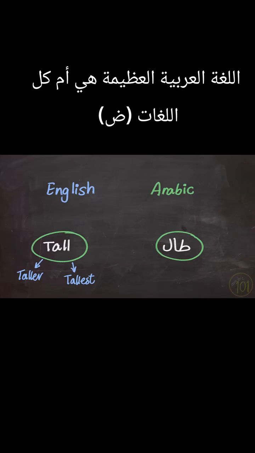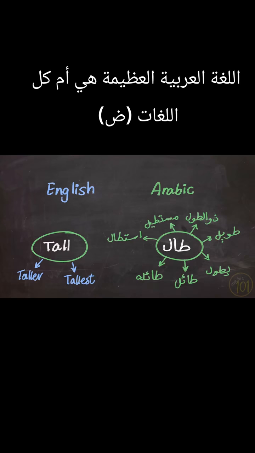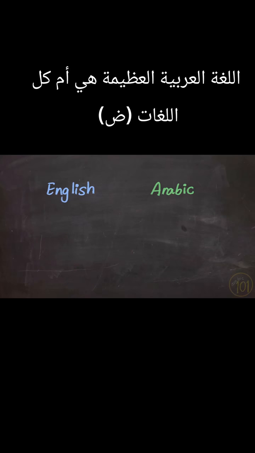But in Arabic, tala can be derived into yatul, ta'il, ta'ila, tawil, ذو الطول, mustatil, istatala, yutal, and I can keep going. Another two similar words are good and jayyid. Good can't even become gooder.